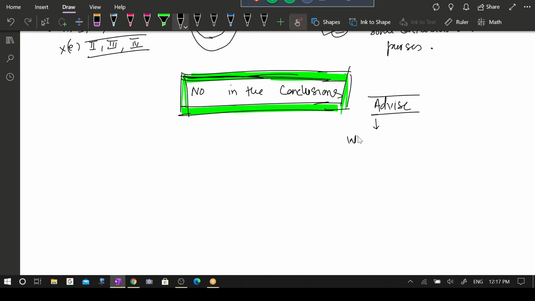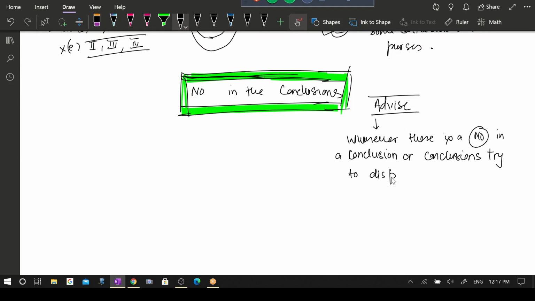So whenever there is a "no" in a conclusion or conclusions, try to disprove it or look for a complementary pair.